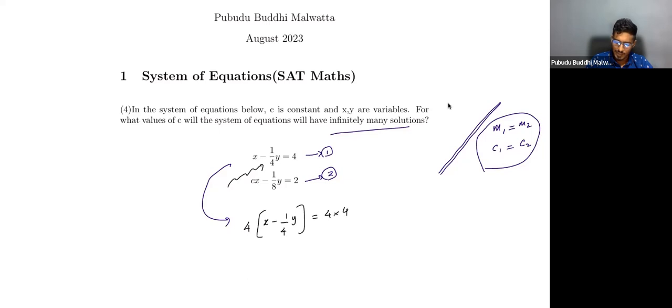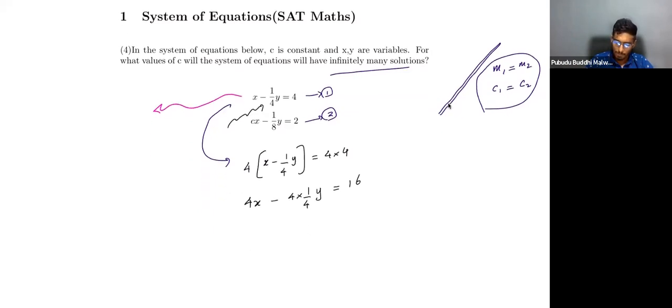So let me expand this bracket. 4x minus 4 into 1 over 4y equals 60. This is one way of creating that slope intercept form. Or you can move x to the other side initially. That way also you can solve. 4x minus y over 4 equals 60.